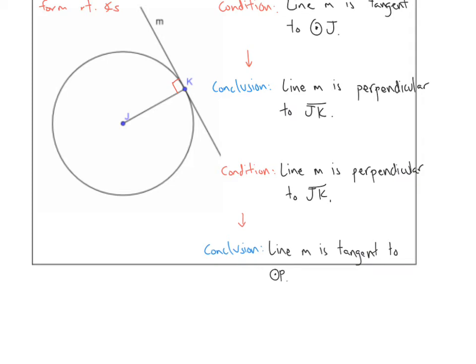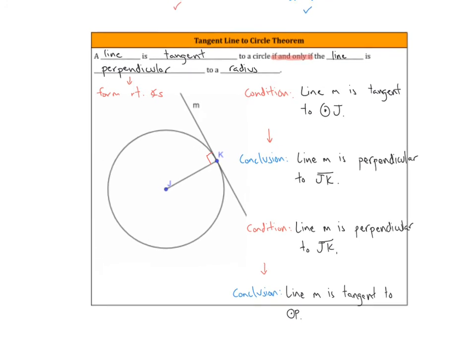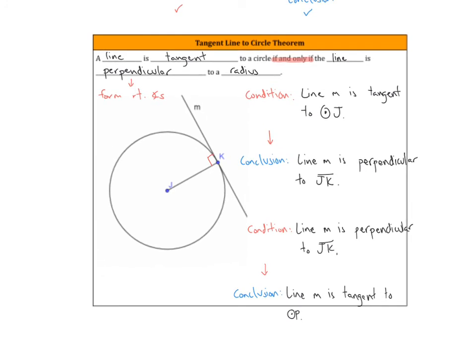Okay, so let me zoom out and just quickly rephrase all of this once more. There are technically two conditions, but really it comes from one sentence. So first condition, we know that line M is tangent. The conclusion, line M is perpendicular to the radius.